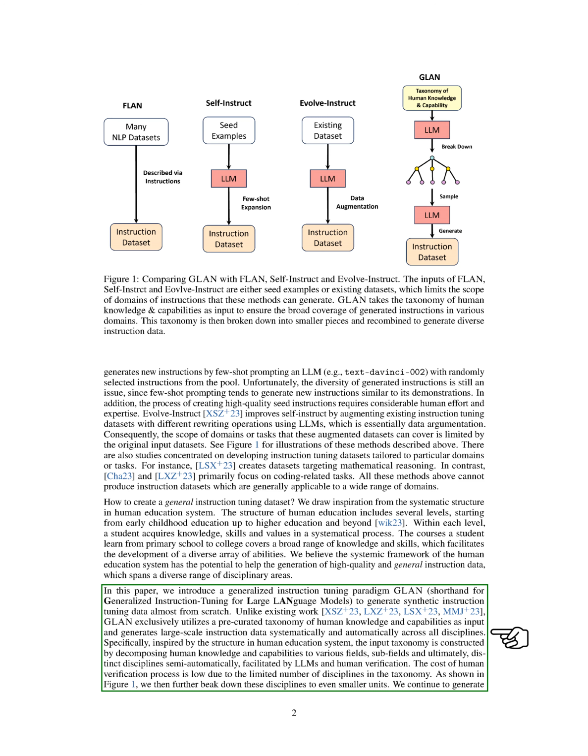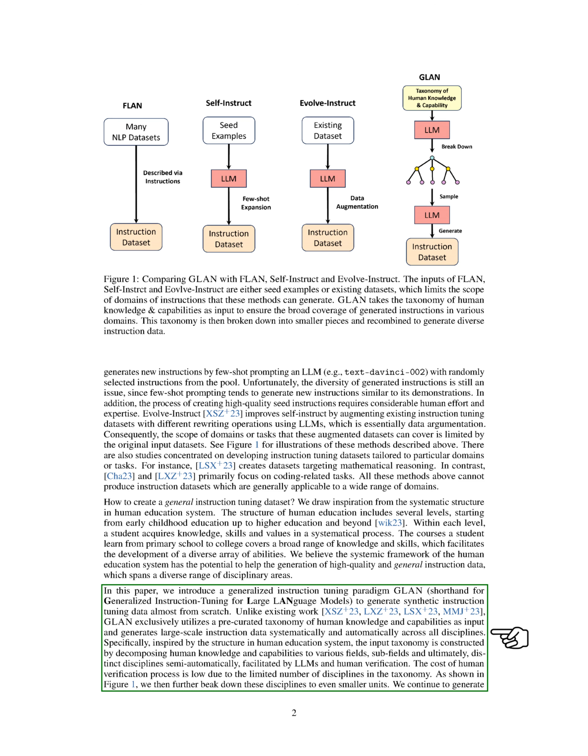Unlike previous methods, GLAN leverages a pre-curated taxonomy of human knowledge and capabilities, systematically generating instruction data across all disciplines. This taxonomy is constructed by breaking down human knowledge into fields, subfields, and disciplines, with the help of LLMs and human verification. The verification process is efficient due to the taxonomy's limited scope.